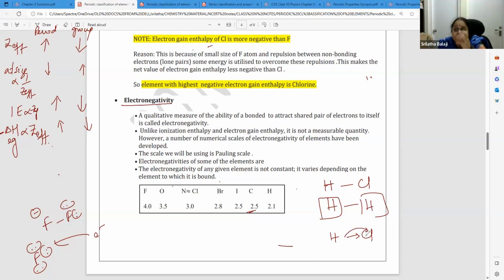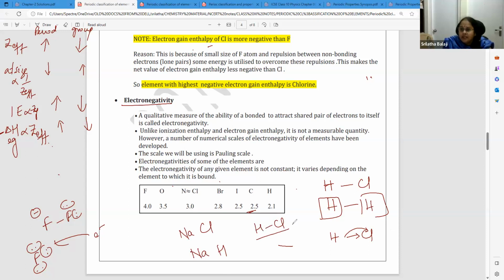So this tendency of a bonded atom to attract the shared pair of electrons is called electronegativity. See, very simple. I have sodium with chlorine, and then I have sodium with hydrogen, and hydrogen and chlorine. Observe this.